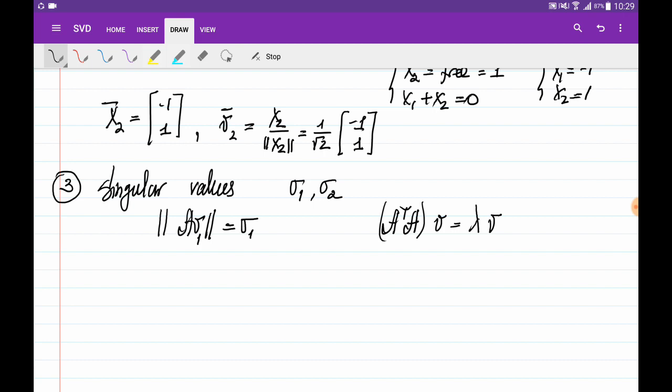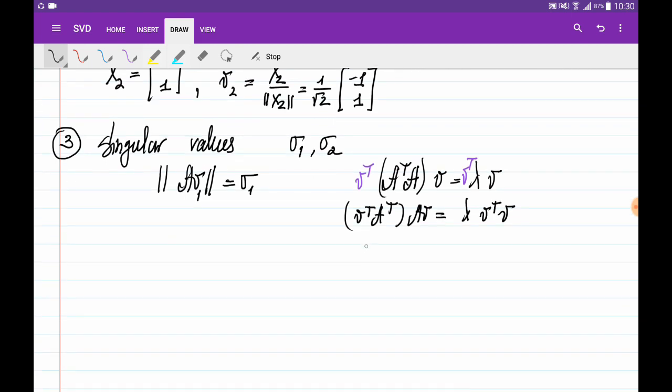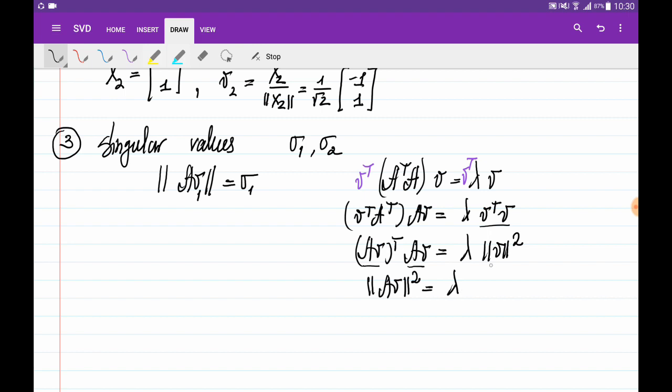Let me now multiply both sides by V transpose. Then we obtain the equation V transpose A transpose A V, which is equal to lambda multiplied by V transpose V. As you remember, we can write this as the norm of AV squared, and this is equal to lambda multiplied by the squared length of V; since V is a unit vector, its length is 1, and the square of its length is also 1.